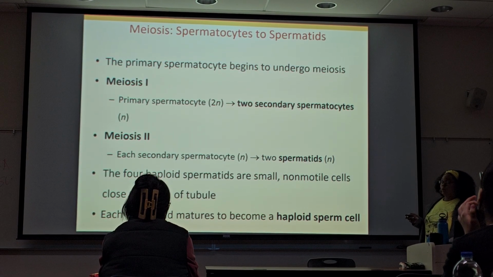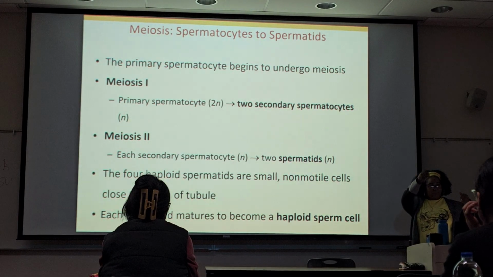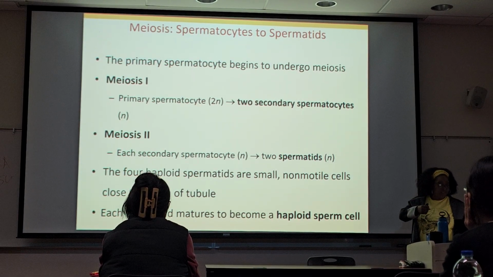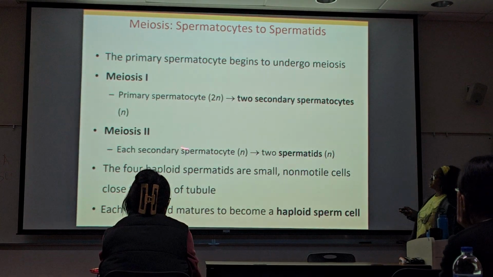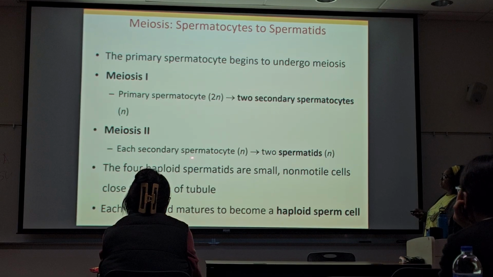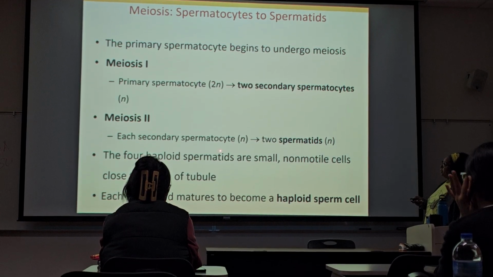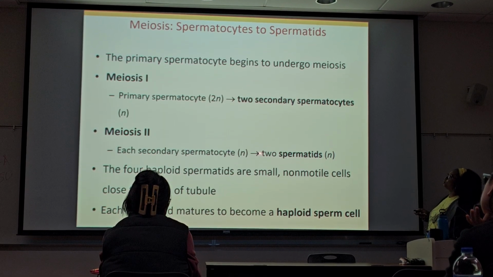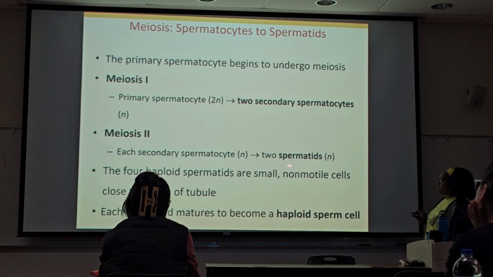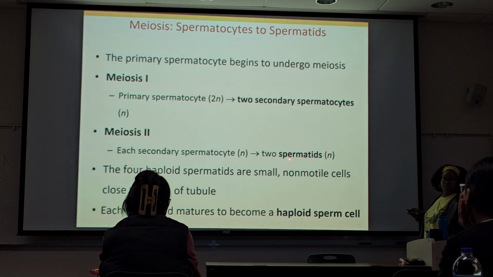Okay? And each one of those duplicated molecules of DNA will be delivered into single cells. And here we will take each of these two secondary spermatocytes. Okay? We have two. So each of those will then give rise to two spermatids, where now they have one copy of the DNA.